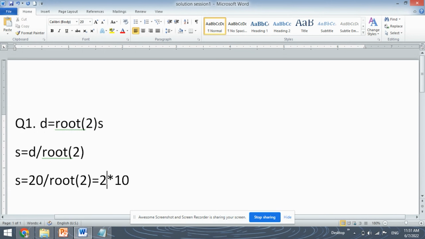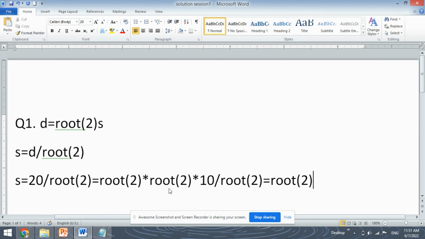And now this 2 you will split into root 2 into root 2, because root 2 into root 2 is nothing but 2. One of the root 2's will cancel out with the root 2 in the denominator, and you will be left with root 2 into 10. So this is our side length.